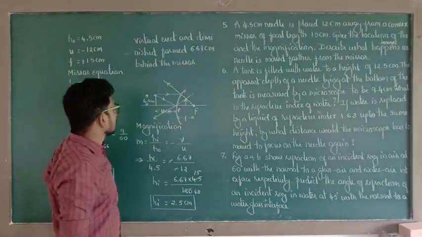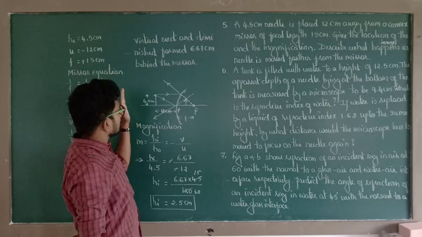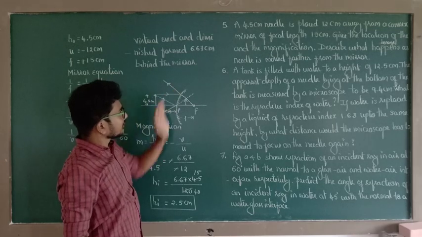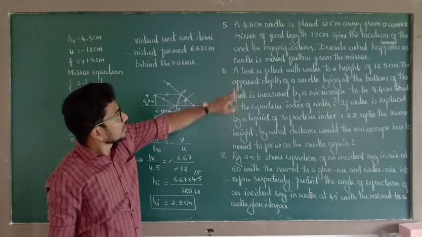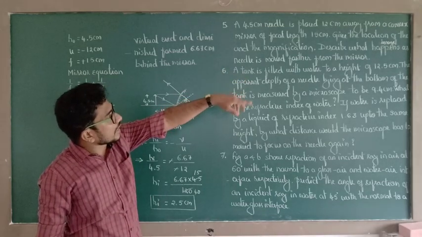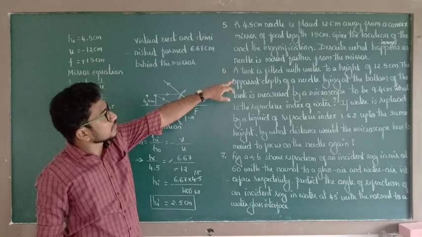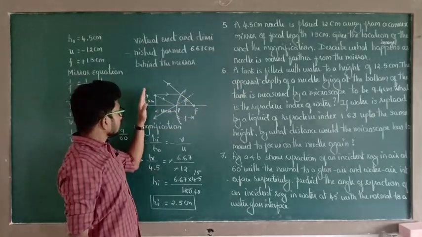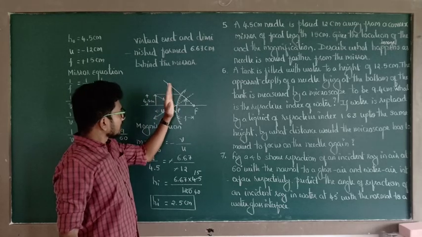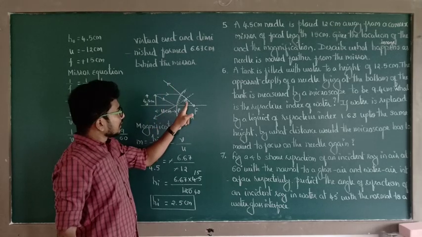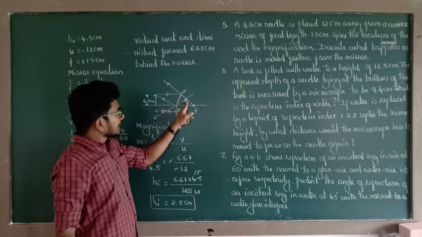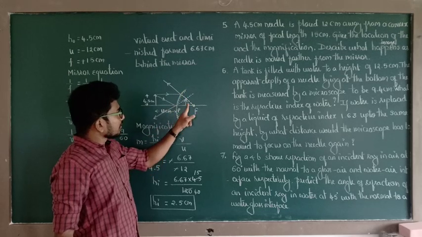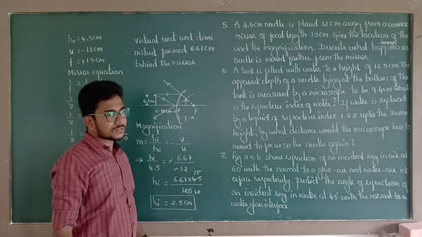Suppose we move this object, and describe what happens as the needle is moved further from the mirror. If you move this object towards the reflecting surface, the image moves away from the principal focus.